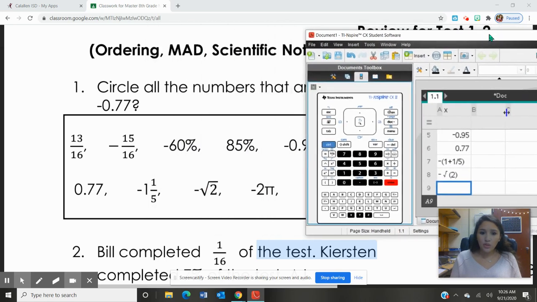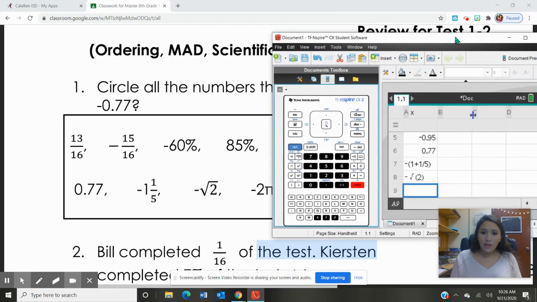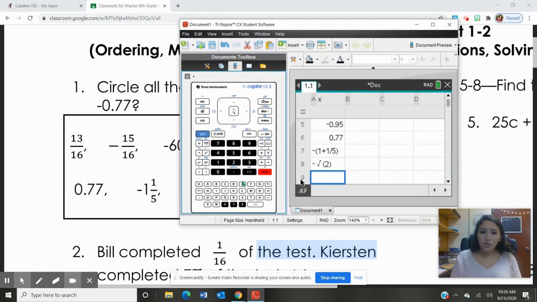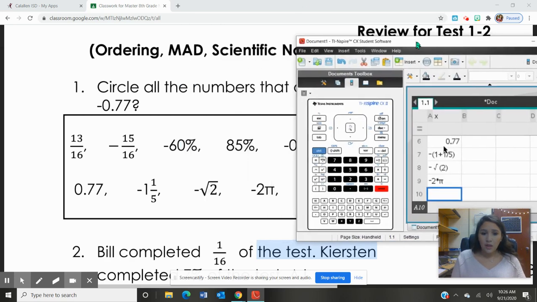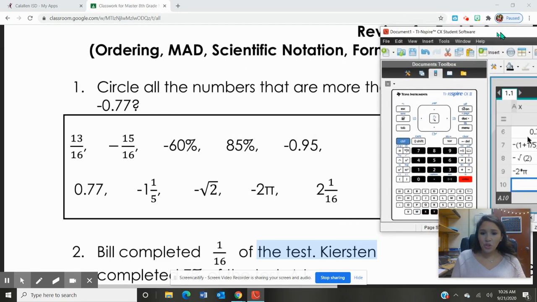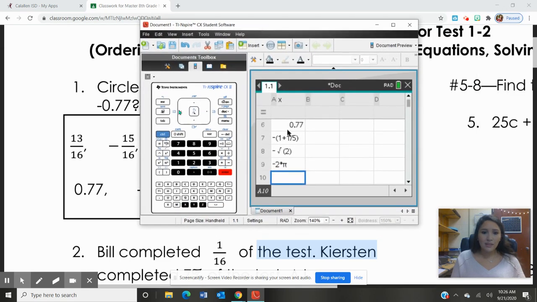So negative square root of 2, and then my next number is negative 2 pi. So negative 2, and then the pi symbol is right here on the keyboard. It's the second button, and then pi is right there. Enter.